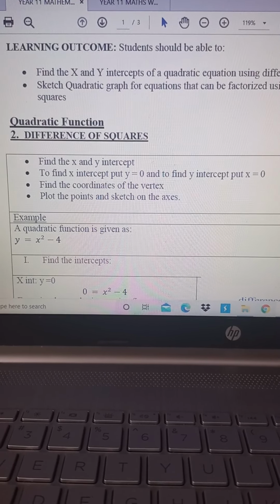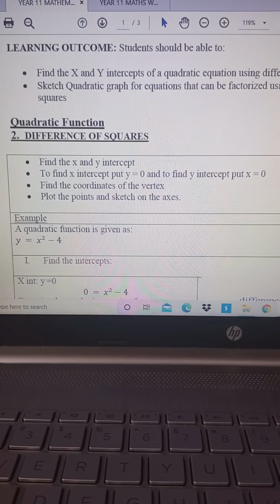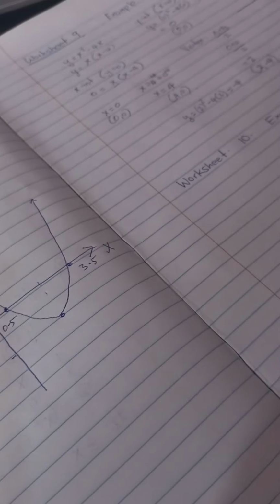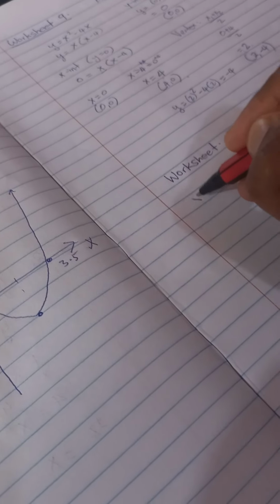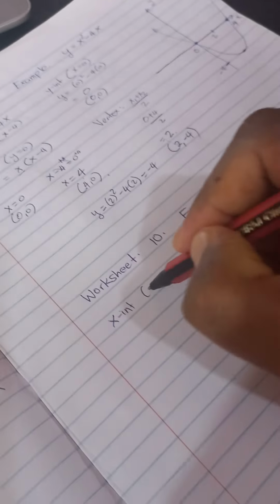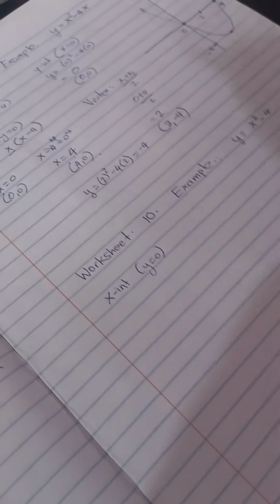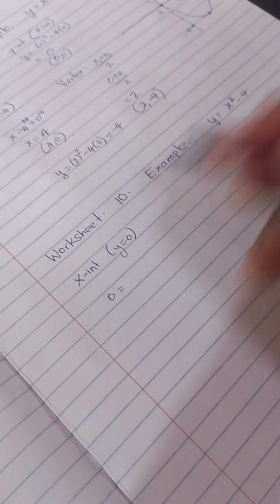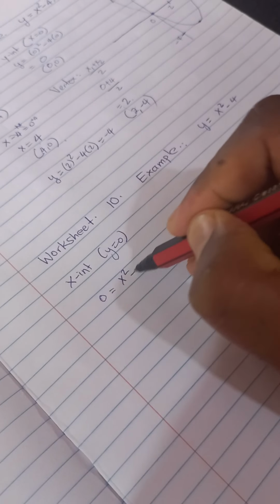A quadratic function is given as y is equal to x squared minus 4. So let's move to find the intercepts. The rules remain the same. X-intercept, y is equal to 0. So in place of y, we put a 0. 0 is equal to x squared minus 4.